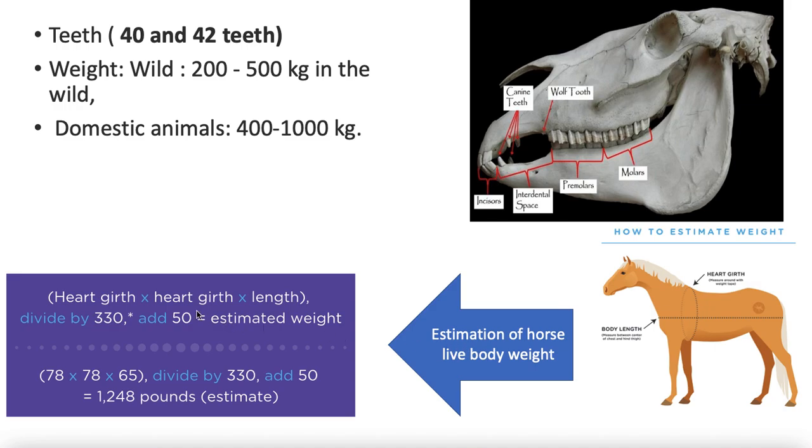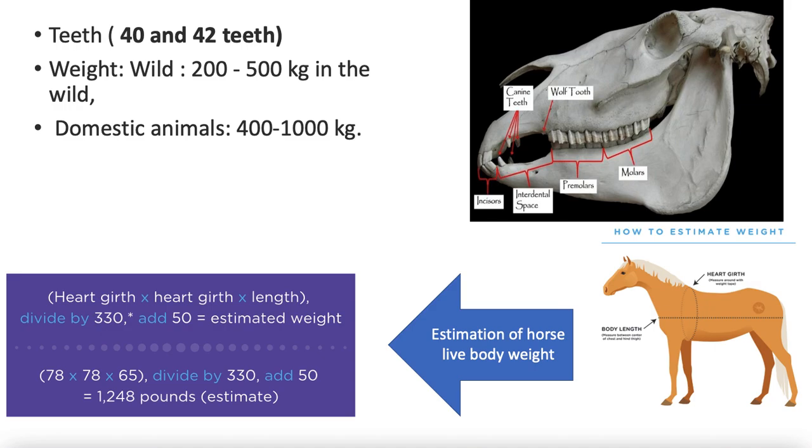Then we put it in the estimation formula, which is the heart girth multiplied into the body length, meaning squaring the heart girth, then multiplying it by the body length, and when you get the answer from this, then divide it by 330.